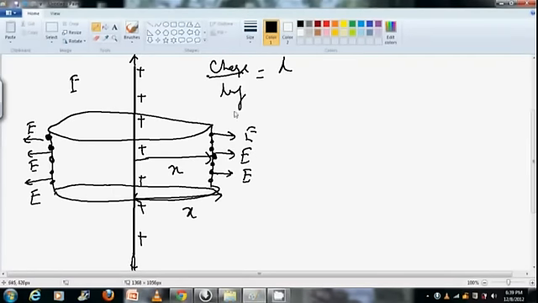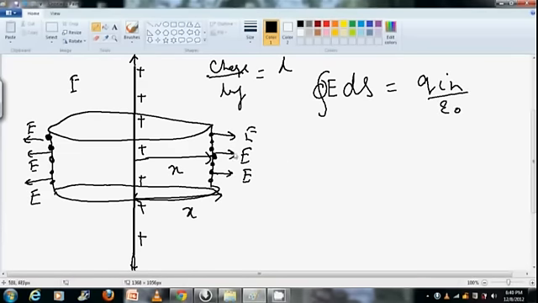I know from symmetry there will be no electric field in this direction, because the electric field will always be away from the positive charge. So there will be no flux from the top surface and the bottom surface anyway. So I will neglect those, and consider the curved cylinder surface only. So what does Gauss law say? Integral of E ds is equal to q inside by epsilon naught.